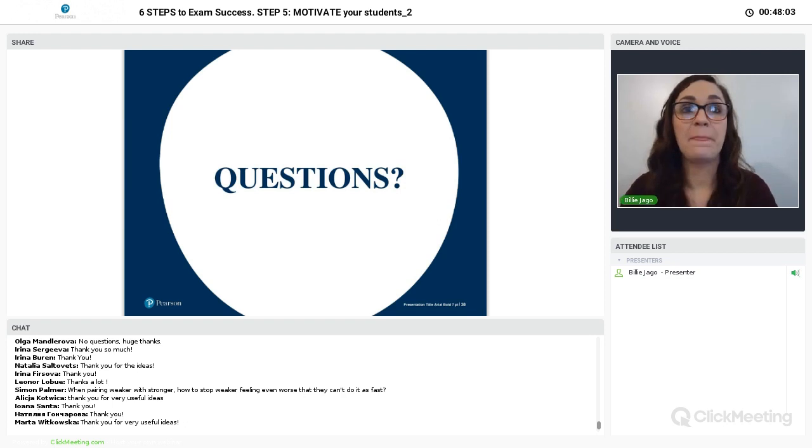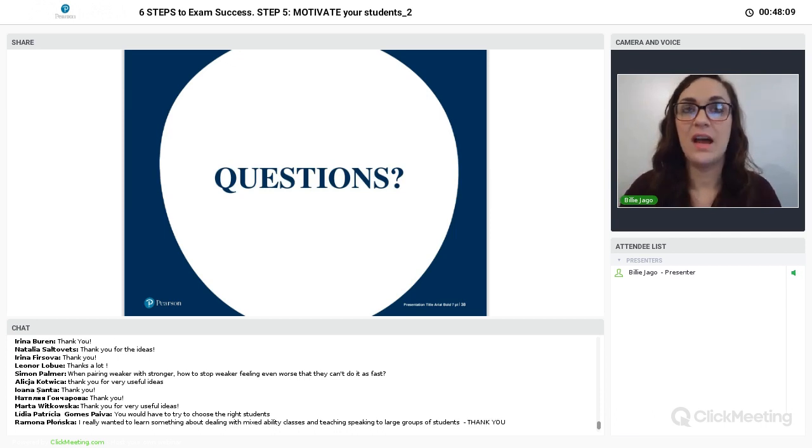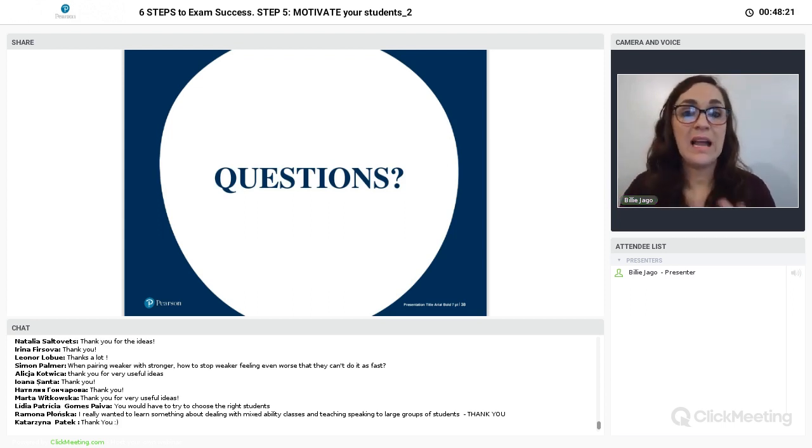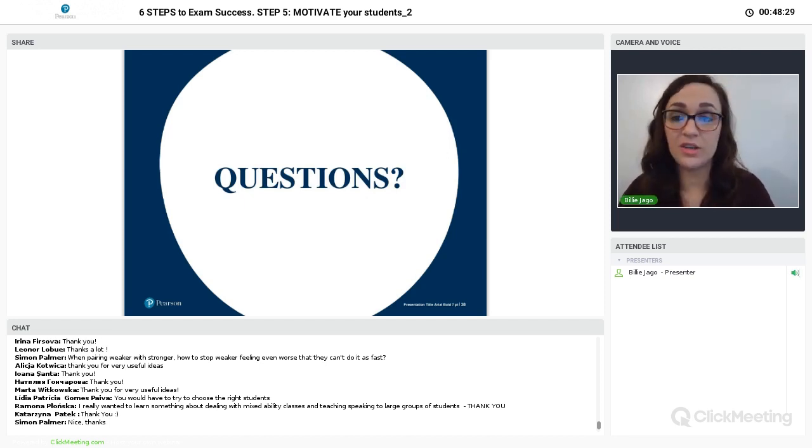So of course, don't pair up the strongest with the weakest person, but be aware of the students and get them to share each other's ideas. Get them to write a little note on a piece of paper, a strength or a positive comment about somebody else, pick them out anonymously, and then that will get them building their confidence and feeling better about themselves too. And as Lydia said, you definitely need to choose the right students to pair up as well.